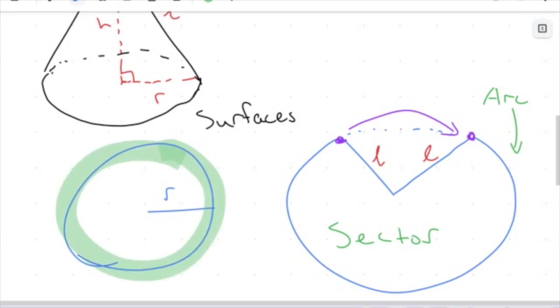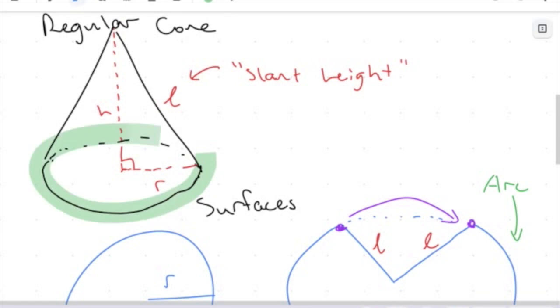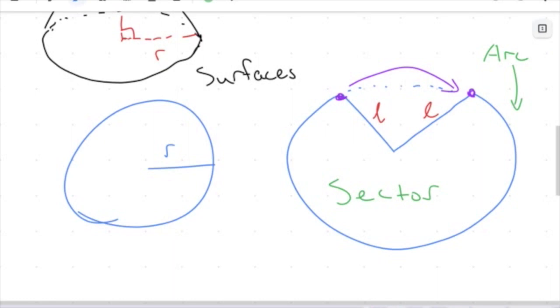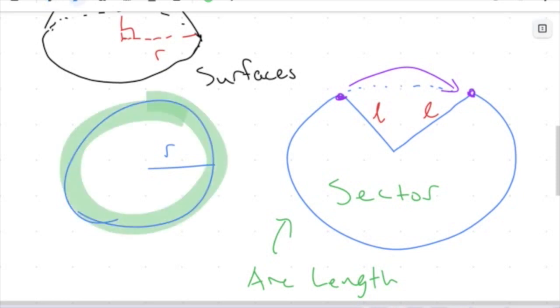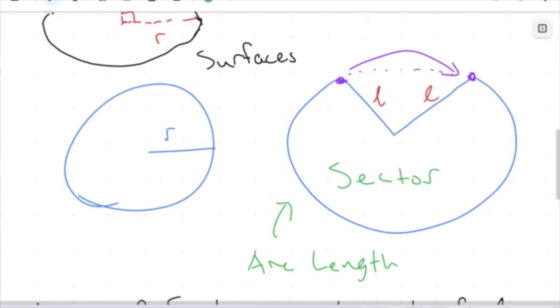So it sits on really nicely, as we see here. So my arc length has to be the same as the circumference of my circle in order for this to be a cone. So I'm going to write here my arc length should equal the circumference of my small circle, which in this case is going to be 2 pi r.